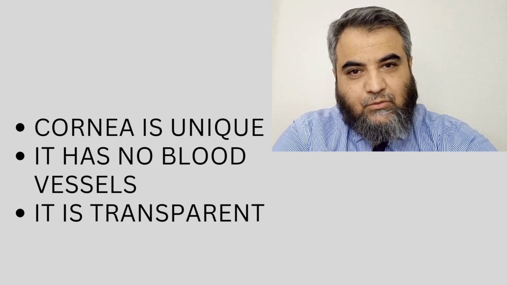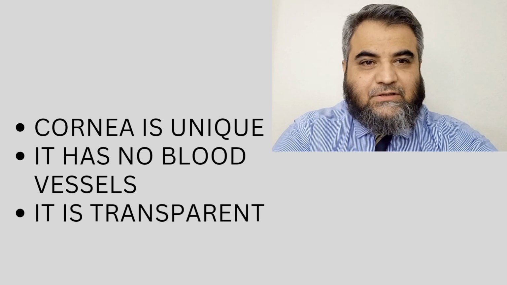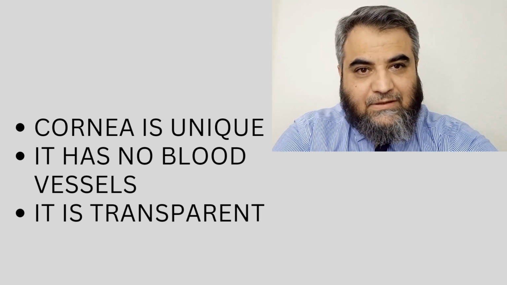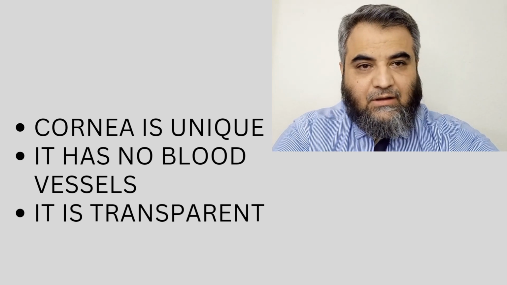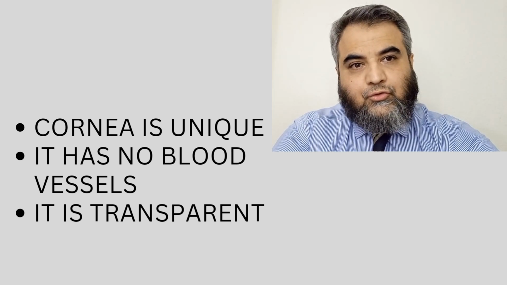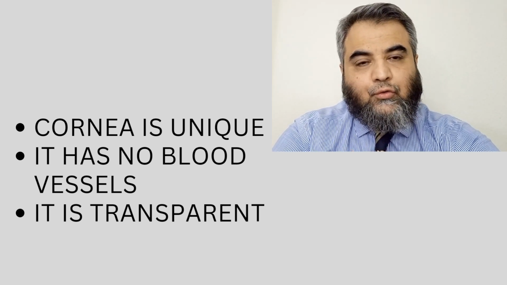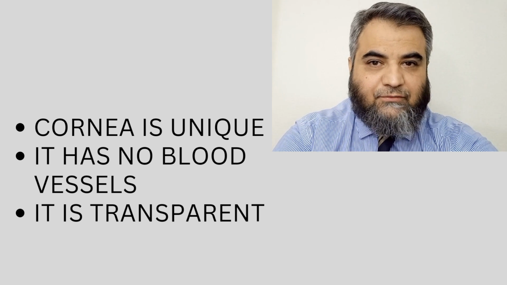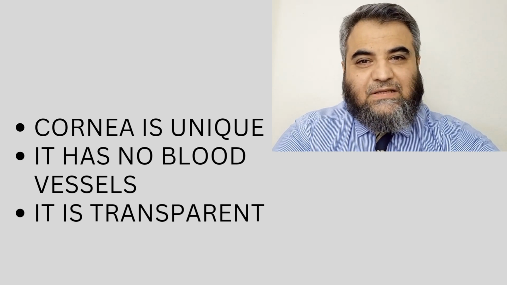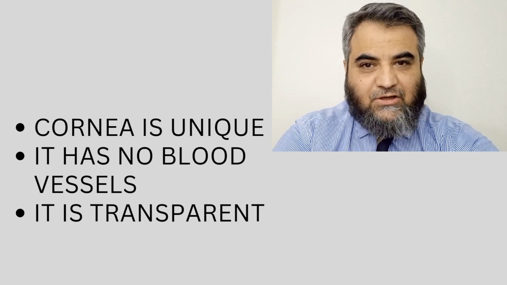It is avascular, and due to its avascularity and no blood supply, it is transparent. Also, due to no blood supply, when we go for corneal transplantation, we take out the sick cornea and put the new cornea graft over there, so there are fewer chances of graft rejection.